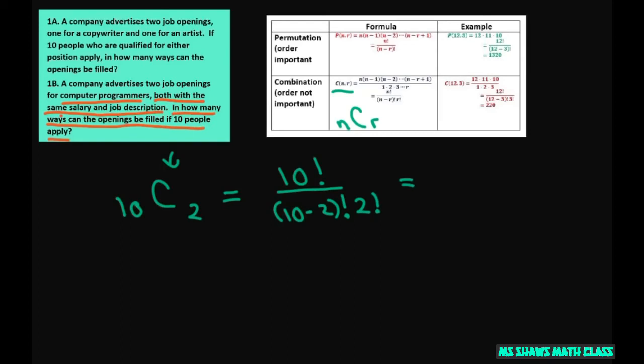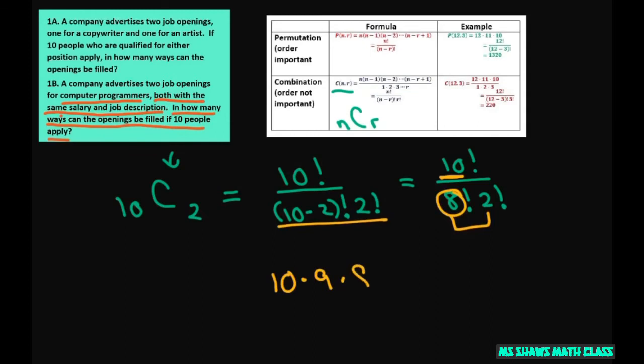So this is 10 factorial divided by 8 factorial times 2 factorial. Now in combinations, these 2 numbers here should always add up to the top. So you can usually do shortcuts after a while. You pick your biggest number and go 10 times 9 times 8 factorial.